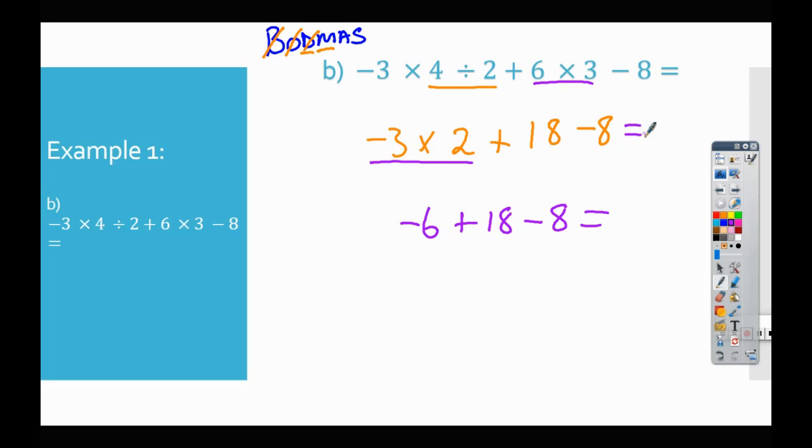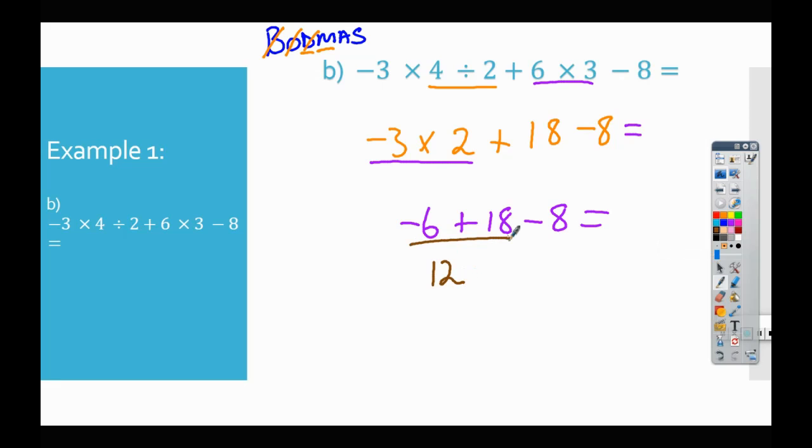So addition we can do first, working from left to right. So negative 6 plus 18, if you do not know how to do this, you can use your calculator to work out this one. Or remember what we said is you just throw the 18 over, it becomes 18 minus 6 first, then you get your answer. So 18 minus 6 will produce a 12.